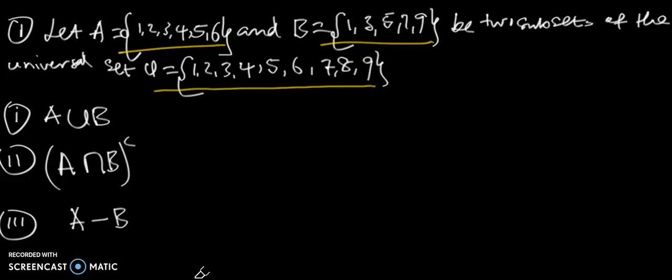So the question is to find A union B. This simply means union.